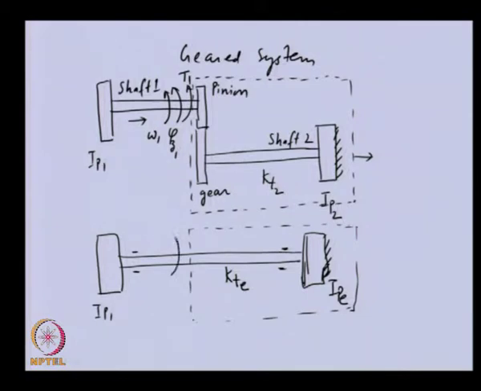So, here also we will be giving phi Z1. You can see the effect of the gear ratio. So, let us see what the gear ratio is. Gear ratio is nothing but the input velocity divided by the output shaft velocity.